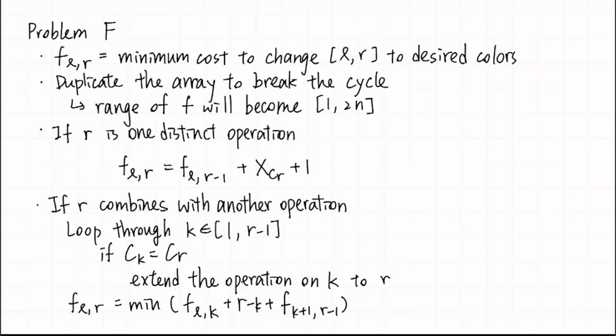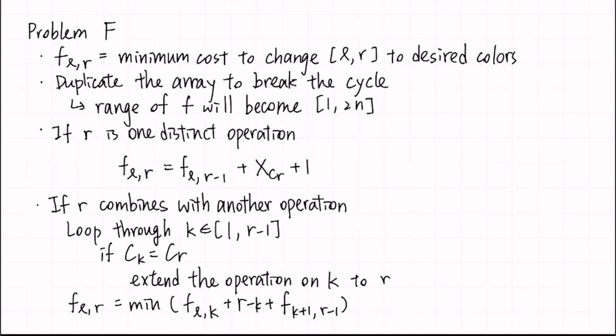So we can break the cycle by duplicating the array, and the range of f will become 1 to 2n since we duplicated it.